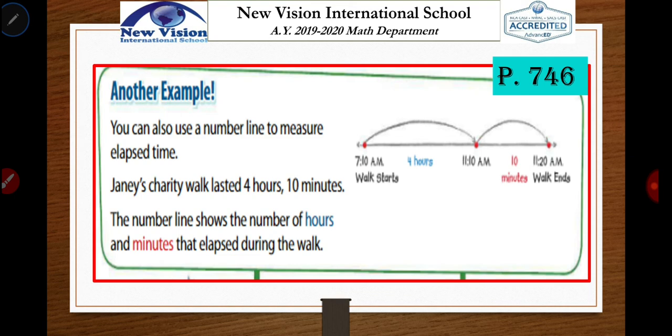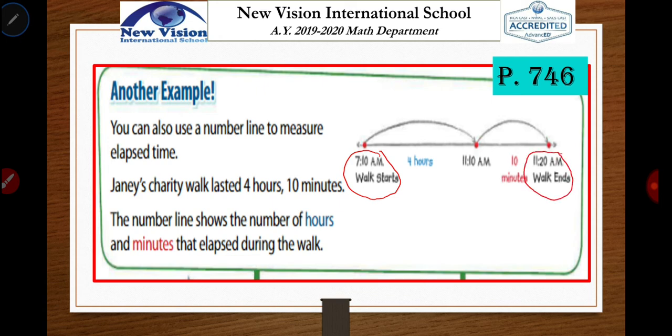The number line shows the number of hours and minutes that elapsed during the walk. So what is the start time? The start time is 7:10, as you can see here. Now, what is the end time? The end time is 11:20.